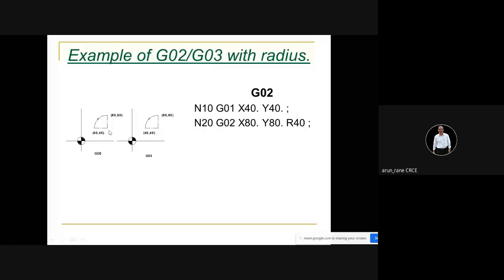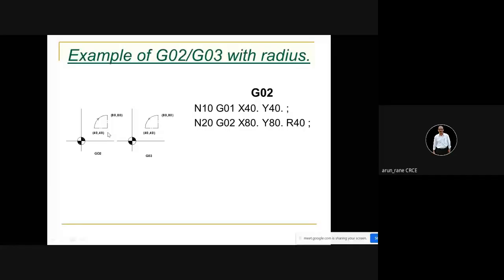Like in case of absolute, my center in this case will be how much? This point is 40, radius is 40, so this becomes 80. The centers are represented by I and J. So here, if I have to show the center, then center will be I80 and J40. I80, that is in X direction. The center will be this 40 plus 40, that is 80, and J will be 40.